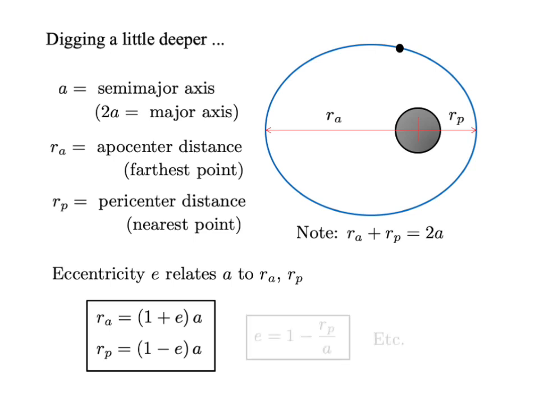The eccentricity is 1 minus the pericenter distance over the semi-major axis. The pericenter is always less than the semi-major axis, but suppose it's equal to the semi-major axis. Then the orbit would be circular, and this would tell me that the eccentricity is 1 minus 1, which is 0.